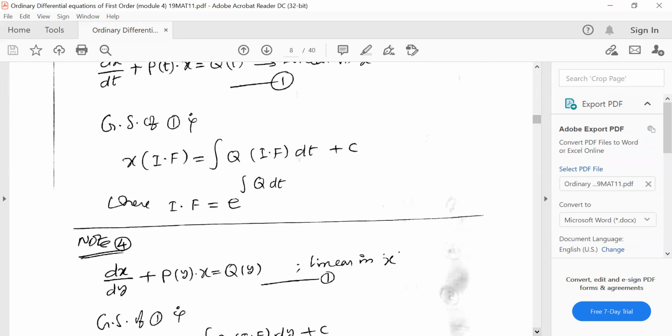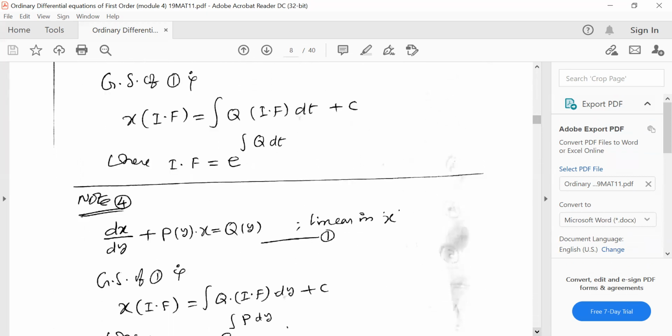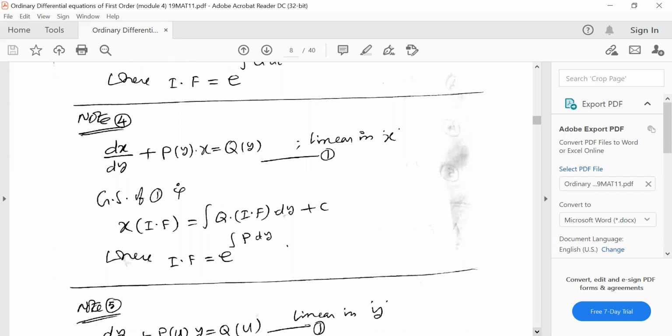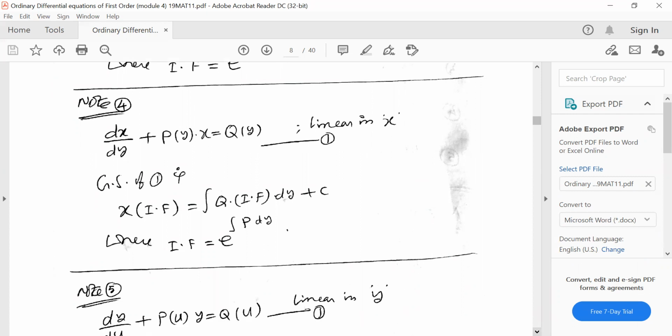So like this, we will mention all the different forms, linear in y, linear in x, and the solutions, how to write the solution, just to know the format. Need not be confused. You can learn one, linear in y, perfectly. Then whatever is given, you can relate it to that. See here it is dx by dy.